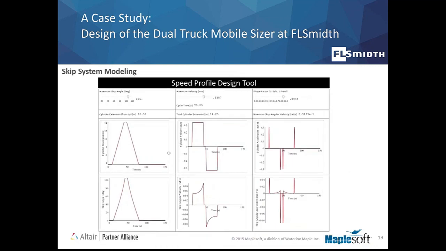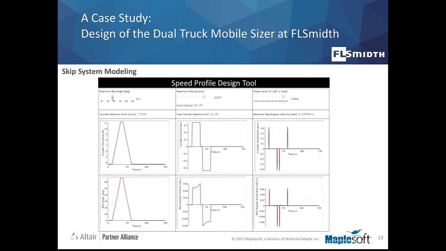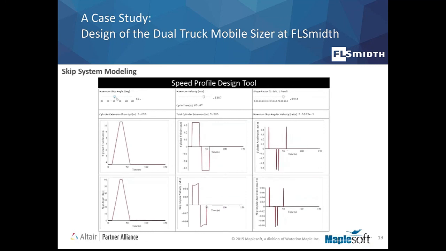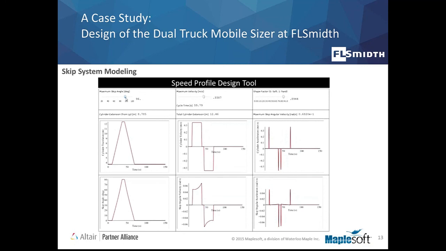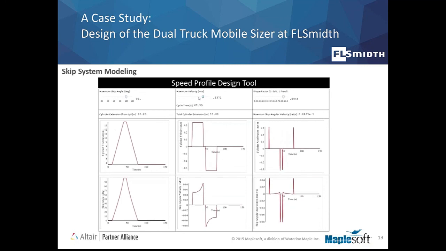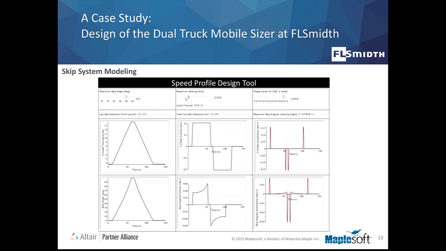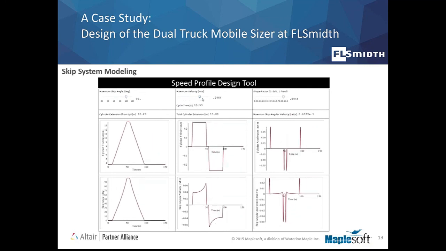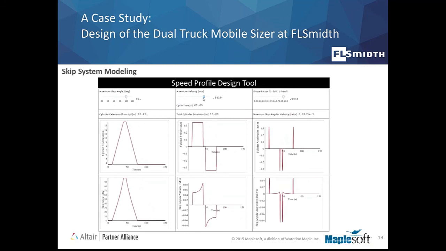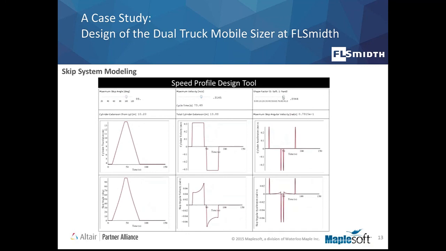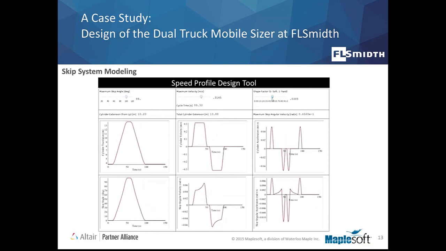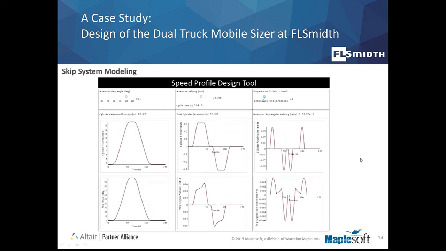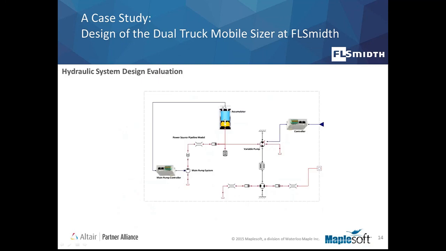We even created a tool to design the speed profile so that they can select the right speed profile such that it has the right cycle time, but also creates an acceptable level of acceleration, both in translational motion of the jacks, because the flow of oil is a constraint, and also the angular velocity and acceleration of the skip. So this tool became very important in answering those design questions.